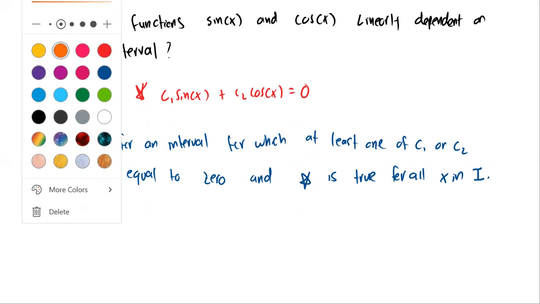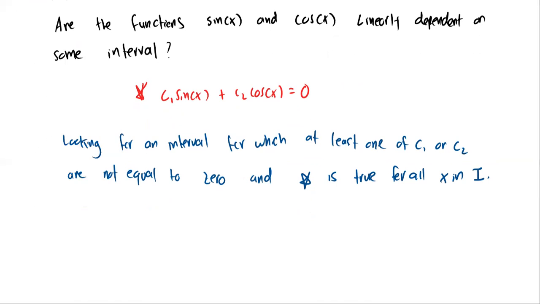Now, you want to work with this equation. I'm going to rewrite it in a way that's going to be more enlightening. So I'm just going to subtract C2 cosine x from both sides. Now, are there constants not all zero for which this equation is true for all x in some interval?